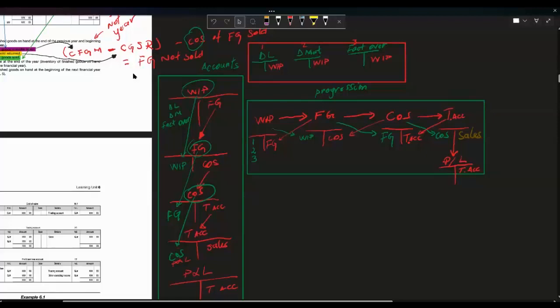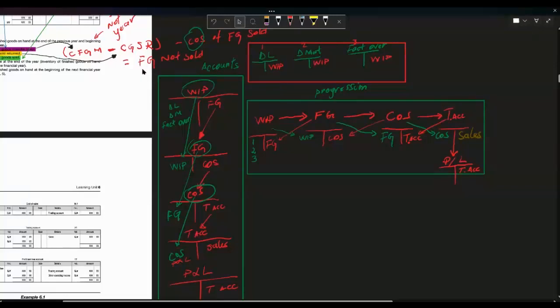What will be on the left? Obviously, when you're looking at the work in process, what comes in are our three musketeers, like I said, direct material, direct labor, factory overhead. That will be on one side, and on the other side, what will come out is the finished goods. Now, the finished good will be an account in itself, right? We will look at the finished good.